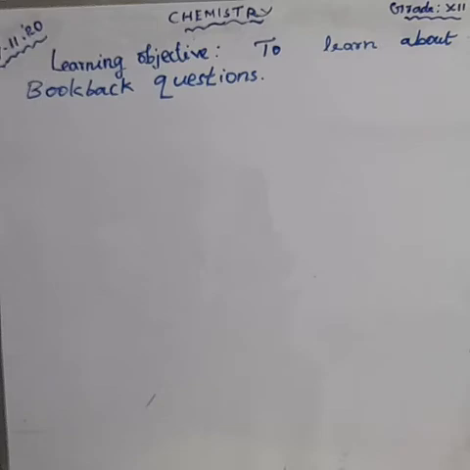How would the rate of the reaction change when: first, the concentration of C is quadrupled; second, the concentration of both A and B are doubled; third, the concentration of A is halved; fourth, the concentration of A is reduced to 1/3 and the concentration of C is quadrupled. This is the condition given.